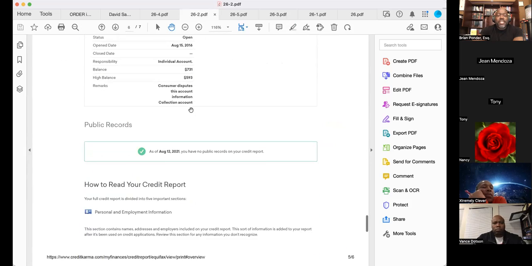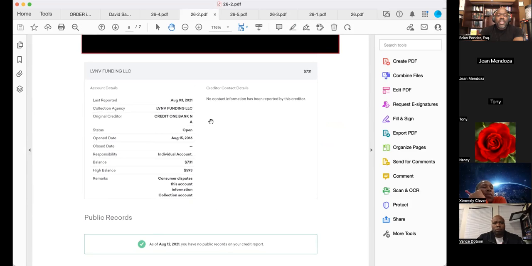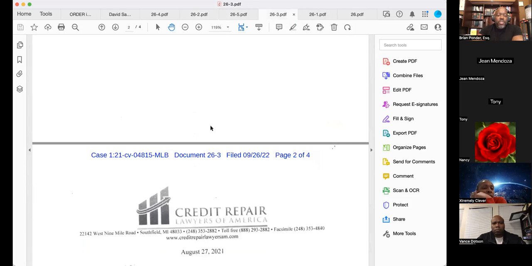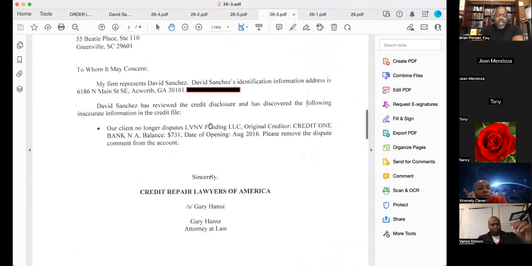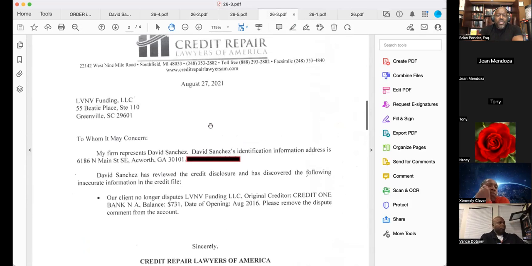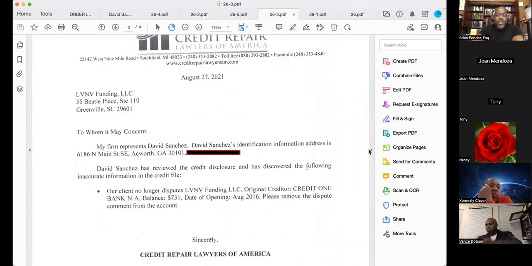But anyway, you see it here? Consumer dispute. So they put this dispute on here. Now I don't see how this is going to hurt more than the collection itself, or separately, but whatever. Number 3 is the letter. So let's look at this letter and see how this plays out.